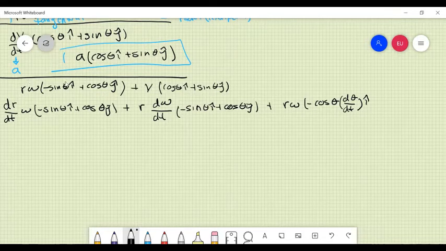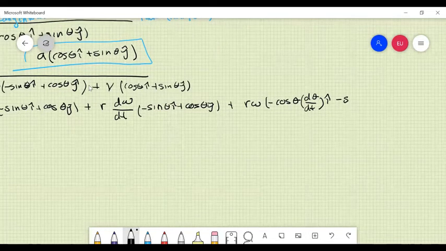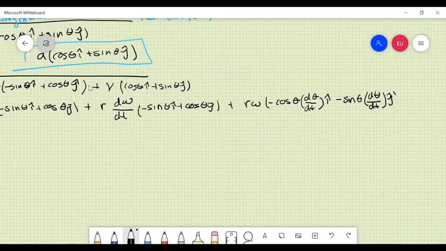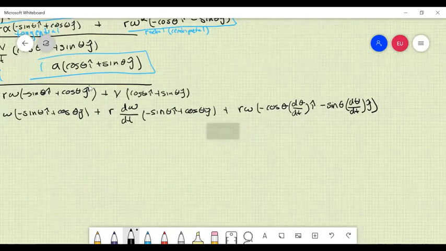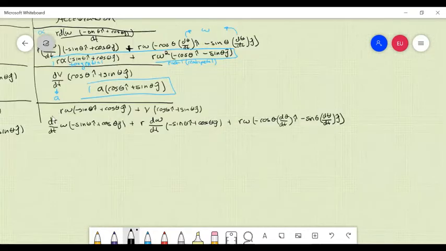And then what do I have when I derive cosine? I have minus sine. All these three terms, they only come from deriving the first one.